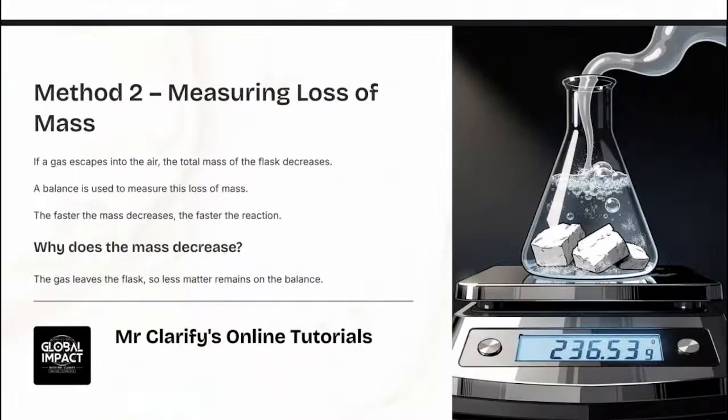In here, you can see that the gas is going into the air. So it's being lost. We are not collecting it. So how will you find the rate? You see how much the mass decreased. Are we together? You check the mass, how much it decreased, and you divide by time.